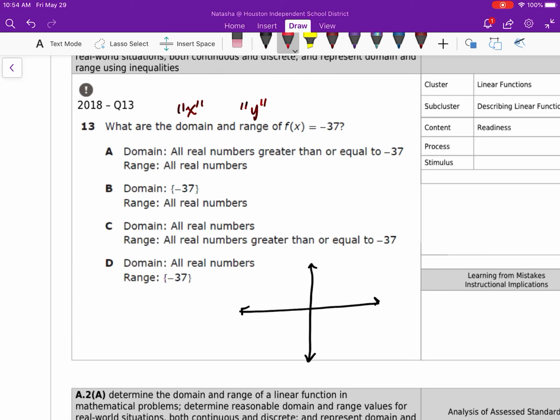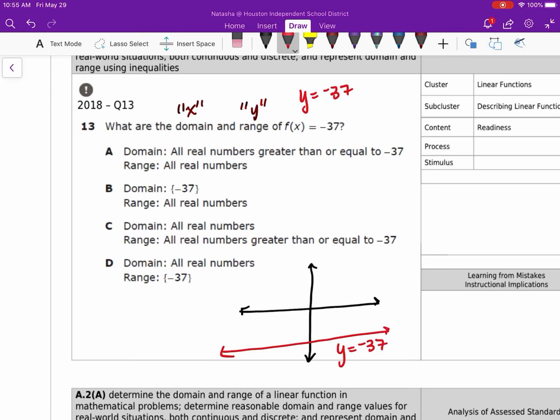All right, so I need to graph f of x is equal to -37. That's the same thing as saying y is equal to -37. Now, I'll go more in detail in another video, but this is a horizontal line. So this is a horizontal line at -37. y is equal to -37.